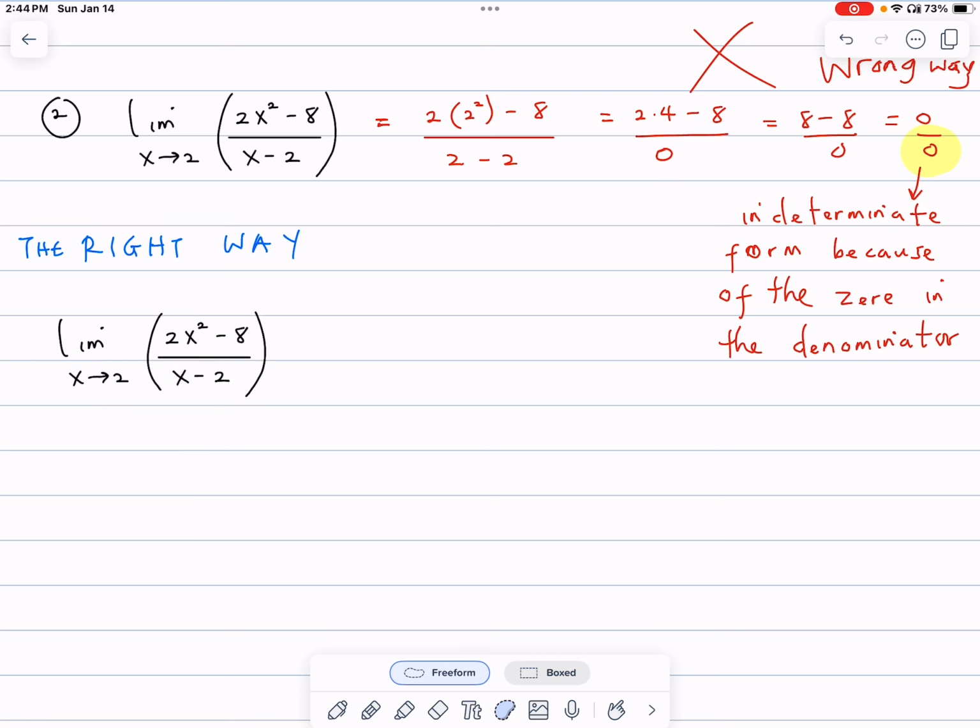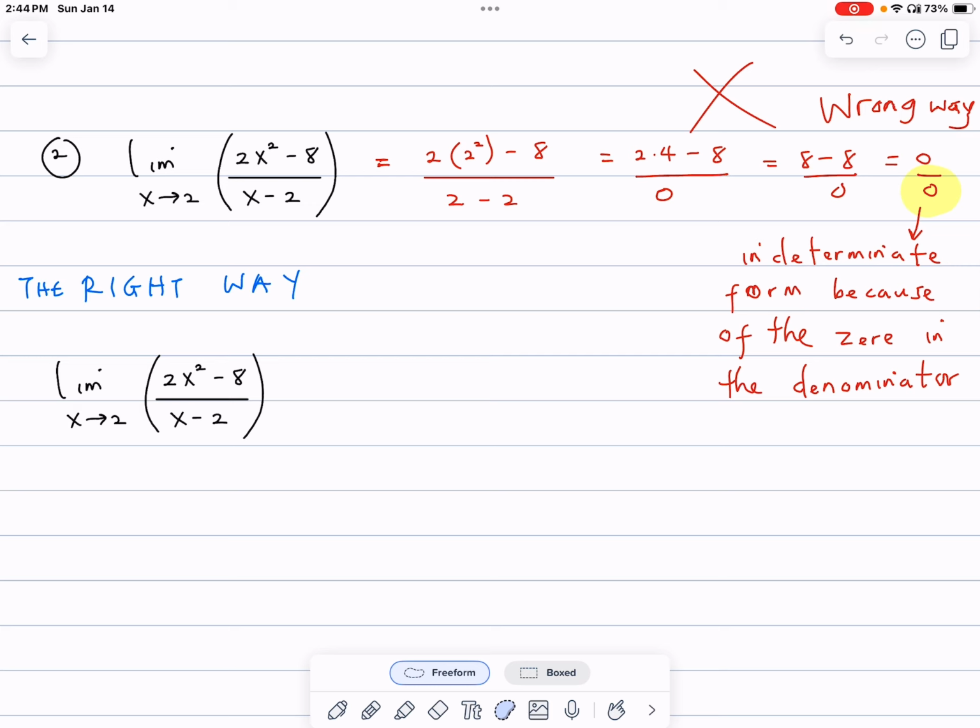So I did that wrong way because that's what some people might do. They just plug in the point where x is approaching and then they get something like an indeterminate form. No, so if you get an indeterminate form, you just look at it again. Maybe there's a method I can use. So for this now, what's the right way we can do this?